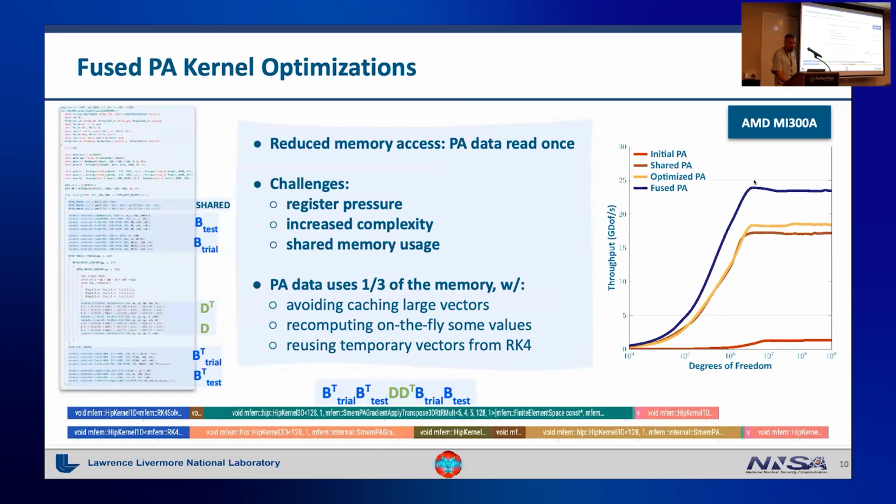This brings us to this best version, what we call the fused PA kernel. It ends up using more shared memory. We have twice the work to do for the B's in front of the work at quadrature points. Same for the transpose, but it does the work. We don't stream the data twice.